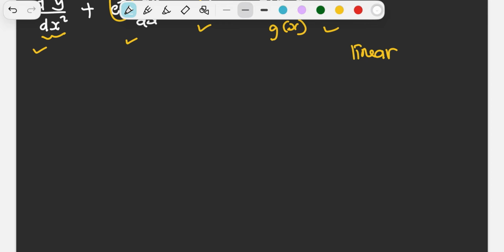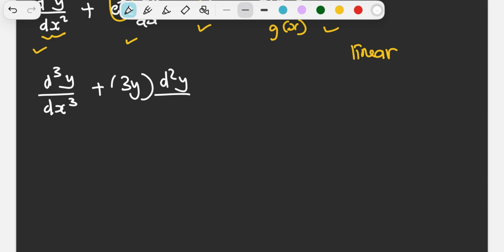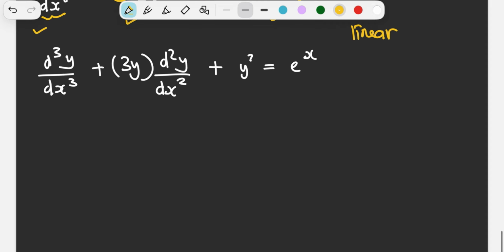Example number 2, if I give you d³y/dx³ plus 3y d²y/dx² plus y squared is equal to e to the power of x. We play the same game. You look at the coefficient of this. The number in front of this is 1. So 1 is a pure function of x because 1 is basically x to the power of 0. So that's good.